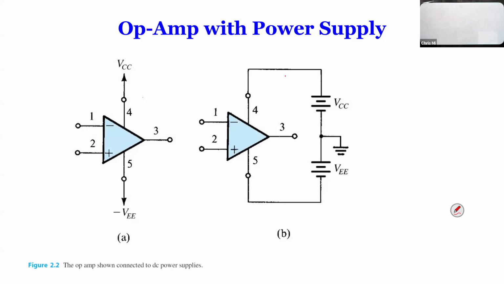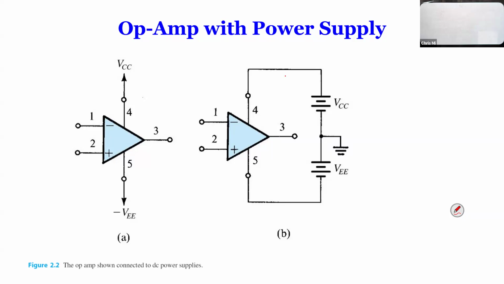Here is how you connect the actual power supply. Negative goes to 5, and positive goes to 4. And of course we connect the inputs at 1 and 2 and the output at 3.